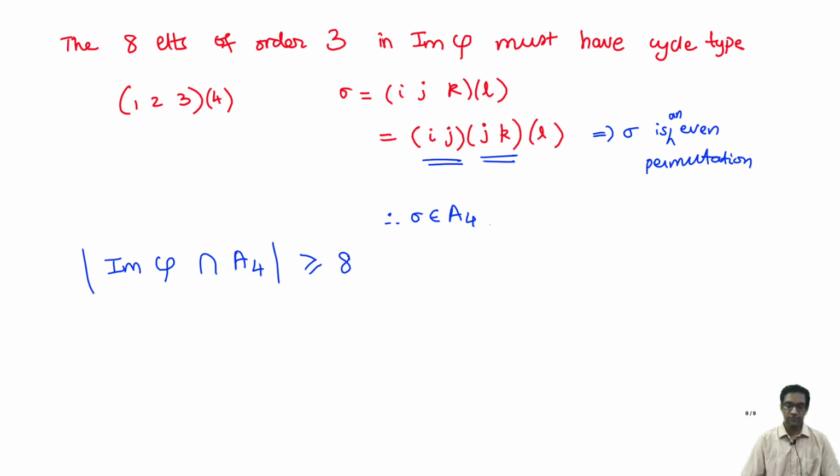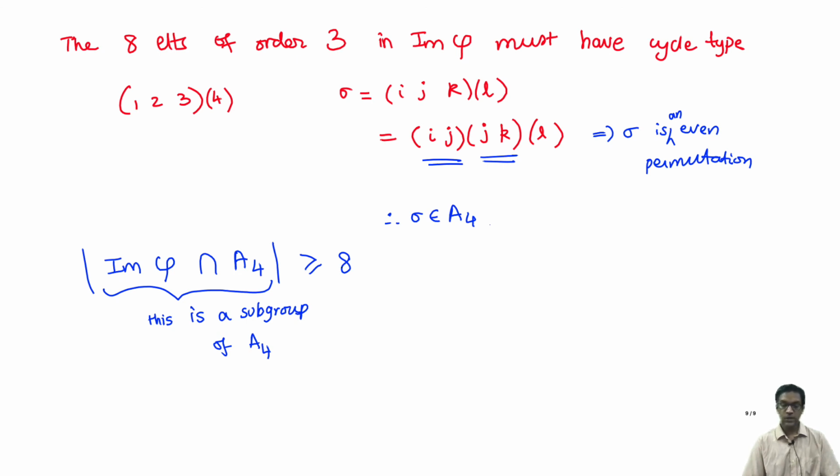Now again, it's a simple counting argument. The image of a homomorphism is a subgroup, so this is an intersection of two subgroups of S4. So this is a subgroup of A4.